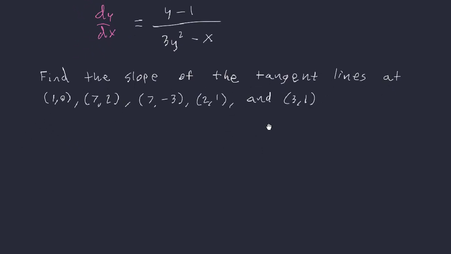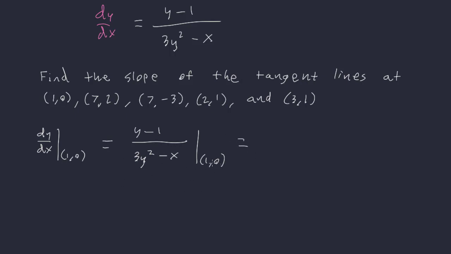There are quite a few points here, so we're just going to drive through them real quick. And I want to mention, if you're unfamiliar with this notation here, this big bar is basically saying we're plugging the point into the derivative, or here, plugging the point into y minus 1 all over 3y squared minus x.